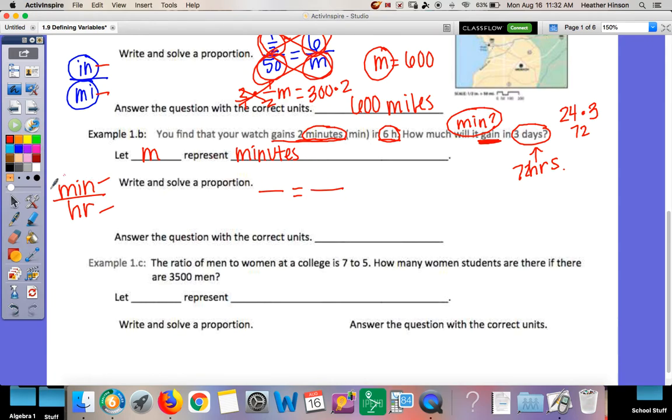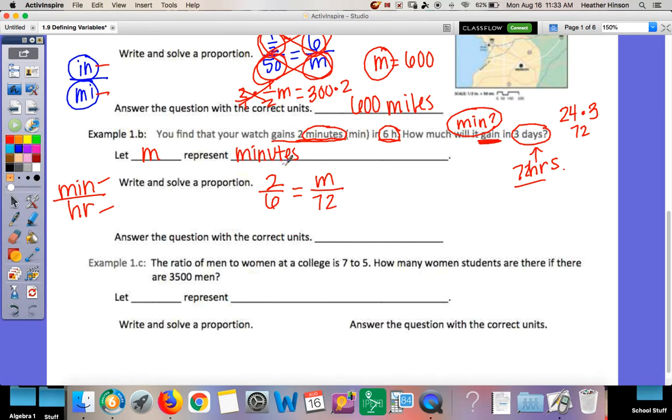So the proportion I set up was minutes on top. The first minute it gave us was 2 minutes. In how many hours? 6 hours. The next minute it gave us, we weren't sure. That's what we're looking for because we want to know how much it'll gain. In how many hours? Remember, 3 days was 72 hours.